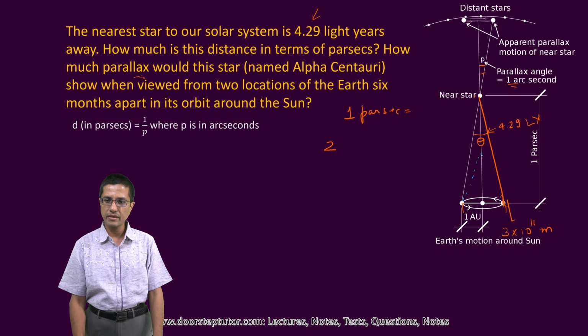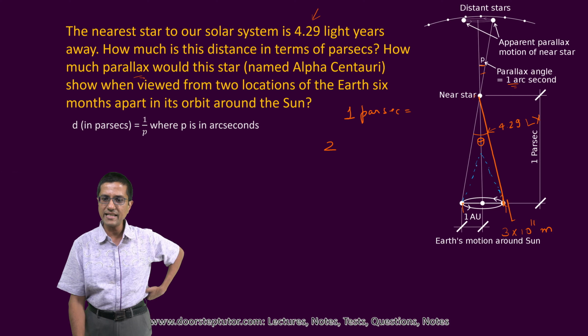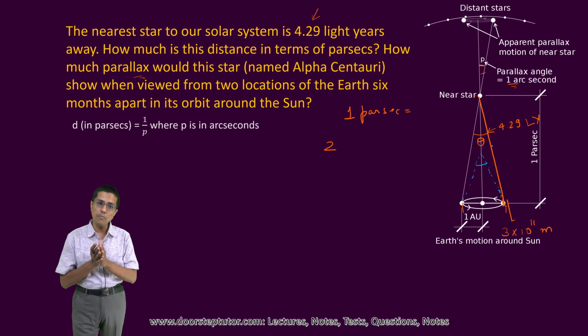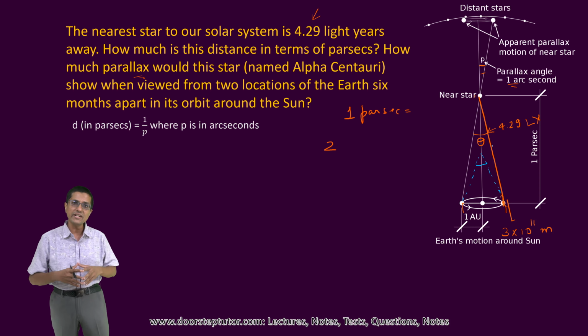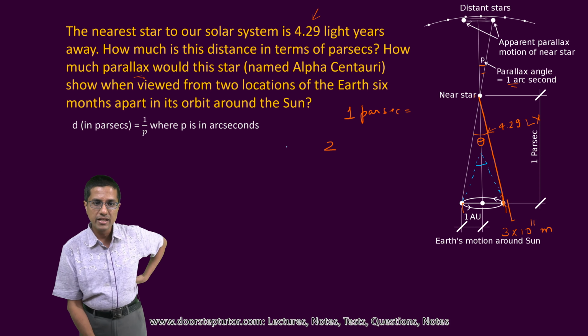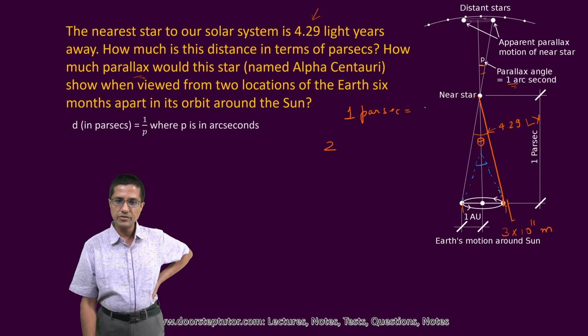The thing that I am trying to explain is that as this angle increases, the distance decreases. But by what law does the distance decrease? It decreases proportionally. So this was 1 arc second.